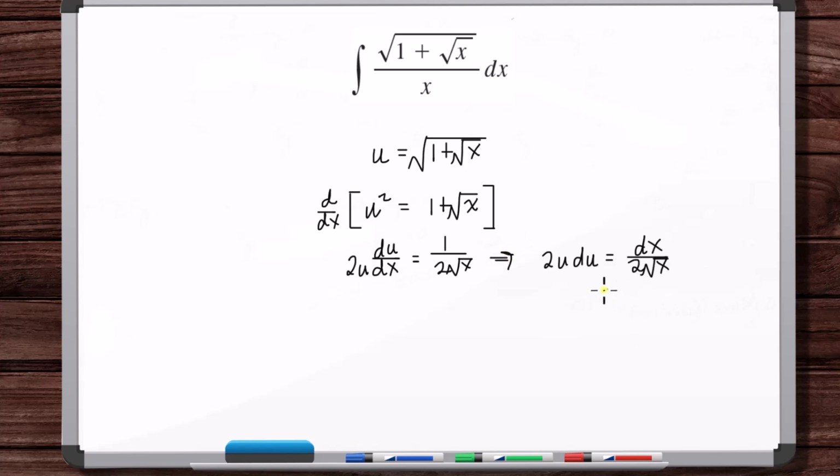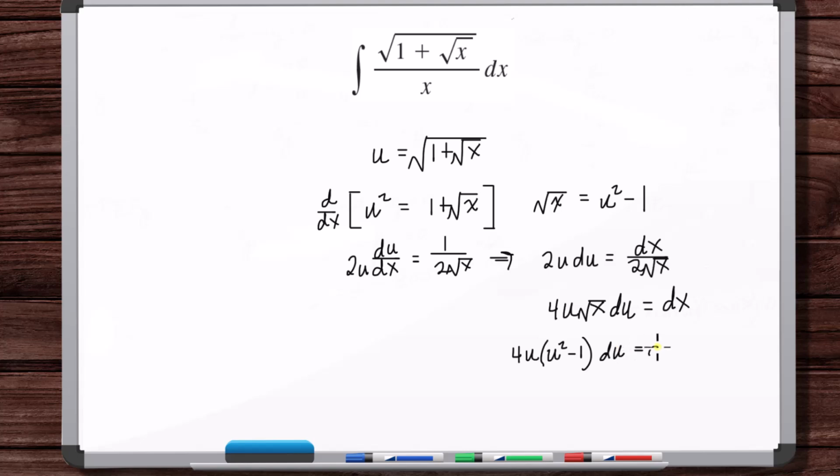I don't think we can do anything with this, so we're going to say for u root x du is equal to dx. Now root x, we can see, is equal to u squared minus 1. So for u squared minus 1 du is equal to dx. Okay, I think that should work.